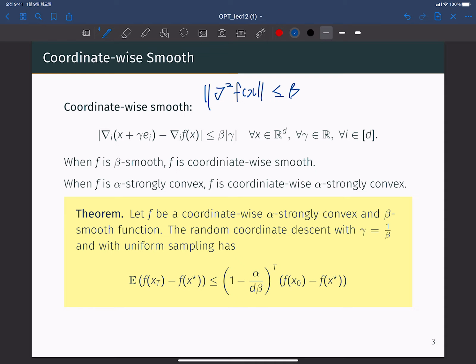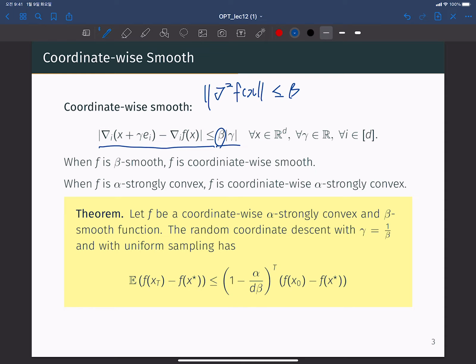But in some cases, it is also possible that the coordinate-wise smoothness has a different value. Your gradient with respect to one specific coordinate can have a much smaller beta.